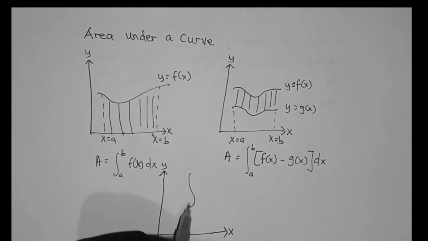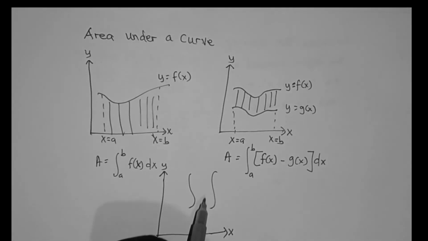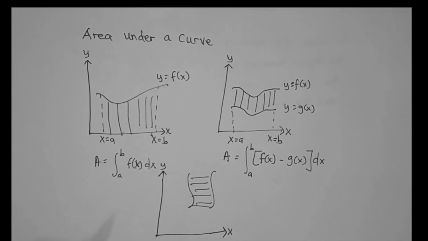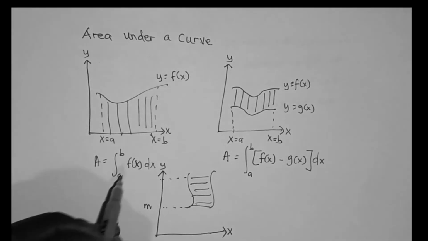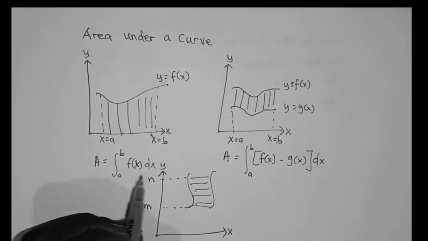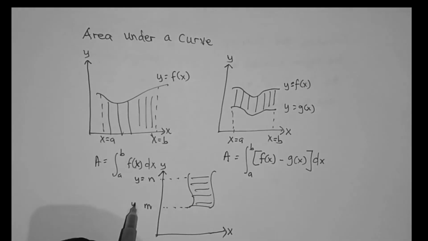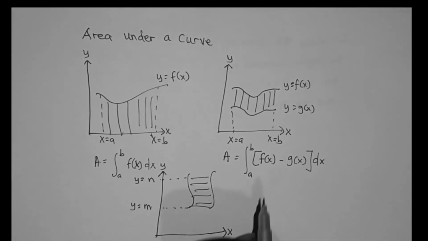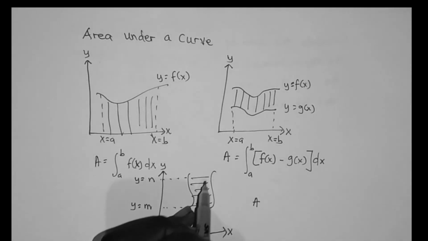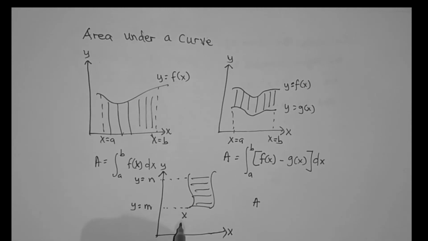What if the curve was in this form and we're asked to find the area that is bound by this curve? And let's assume that this portion was m and then the upper limit was n. So this is y equals n and then y equals m. Then the area that is bound by this curve, where this is x equals f of y, and this one, this curve is x equals g of y.